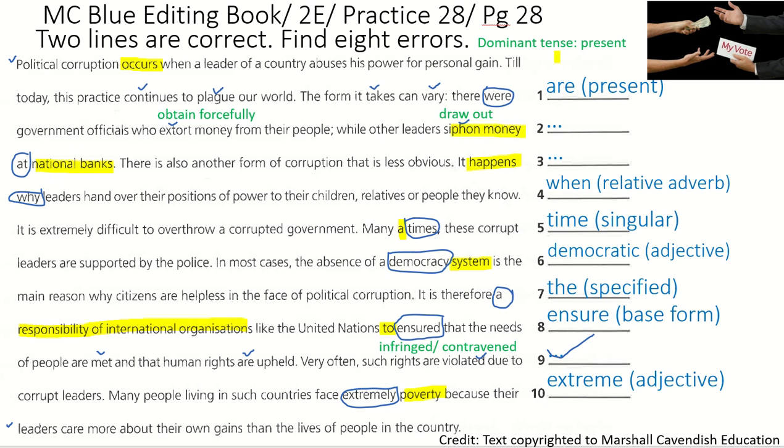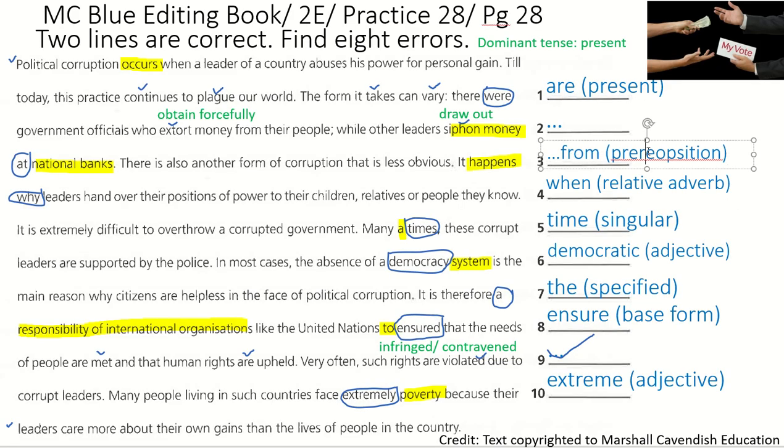You draw the money from a bank. So this should be from. Okay, from a bank. Okay, because it shows that the money was at the national banks before being removed by the corrupt leaders. So this is a preposition error. Preposition error. From.